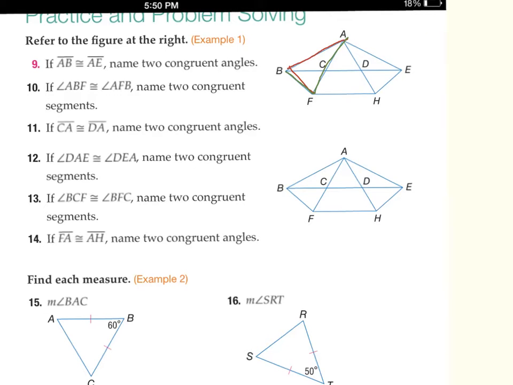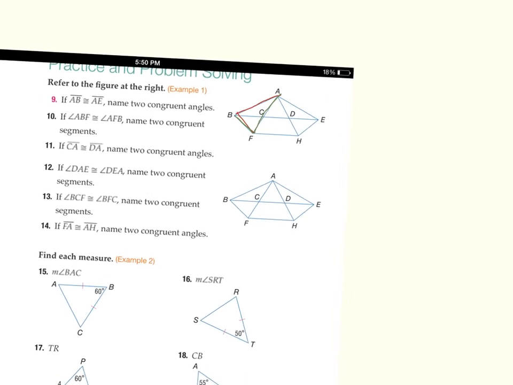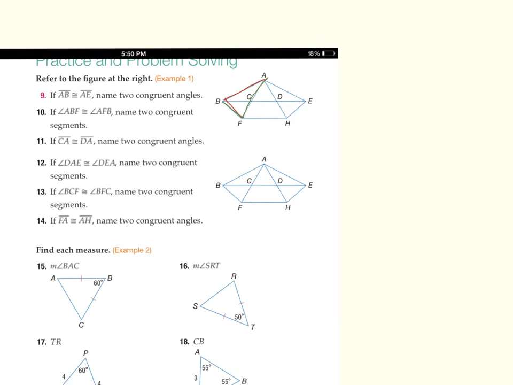So, the two congruent segments are going to be segment AB and AF. Alright, so the key thing is highlighting the angles that they're referring to and then checking to see the segments that they both have in common.